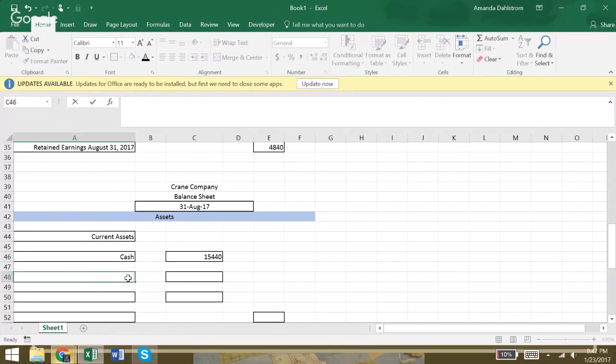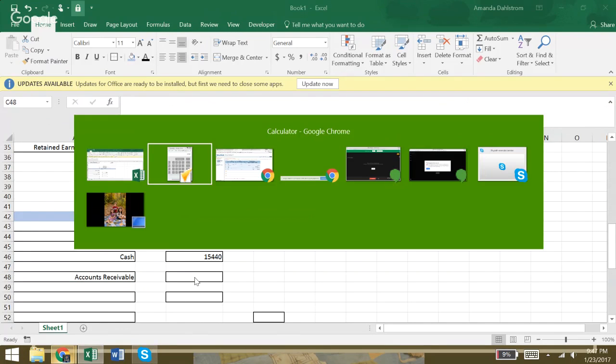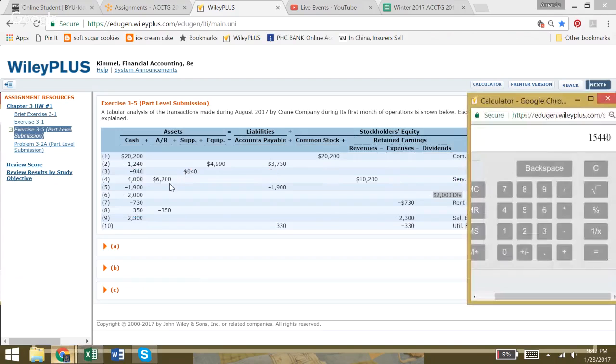Our next most liquid item would be accounts receivable. Over here, it looks like there are 2 items to add up. There's a 6,200 and then a negative 350 for payment somebody made.